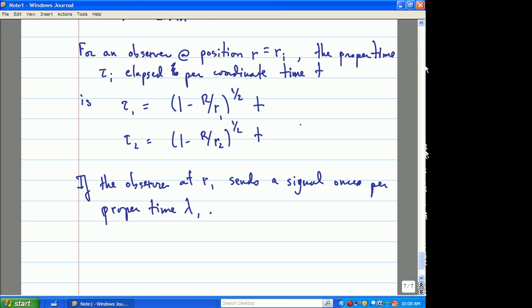And then you can ask, what will be the proper time elapsed between observations of this signal by the observer at R2.